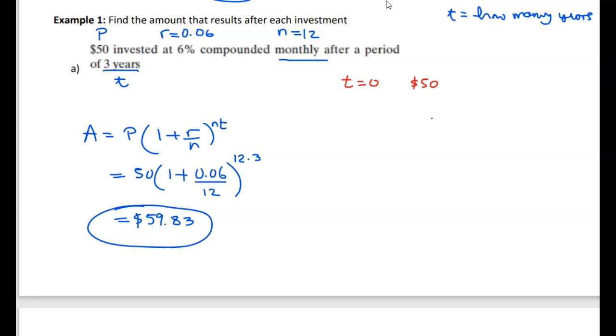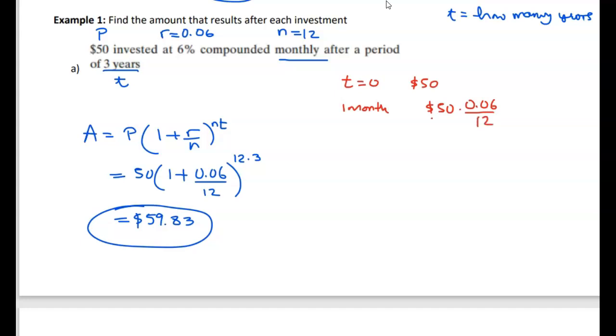One month later, they take that $50 and apply the interest, which is 0.06, or 6%, per year. But because we're applying the interest over 12 months, you want to divide that by 12.